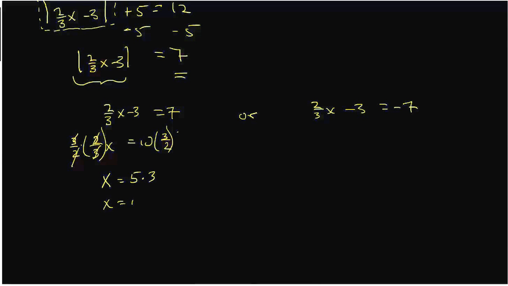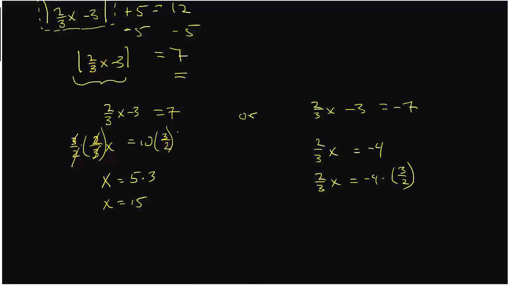On the other side, 2/3 x, I will be adding 3 to both sides. -7 plus 3 is -4. 2/3 x equals -4. We need to multiply both sides by the reciprocal of 2/3, which is again 3/2.